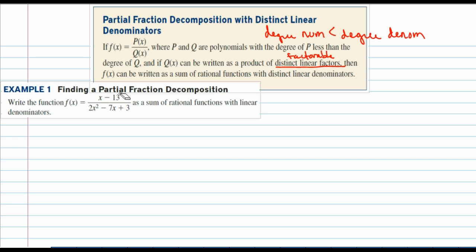In example 1, we have a rational function where the denominator can be factored into 2x minus 1 times x minus 3. Since the degree in the denominator is 2 and the degree in the numerator is only 1, I can create a common denominator and use partial fraction decomposition.